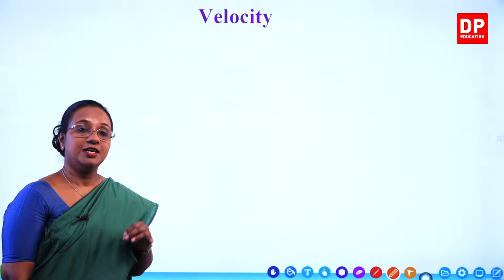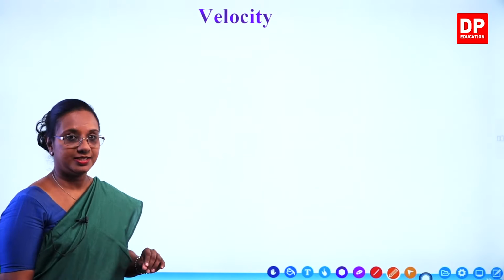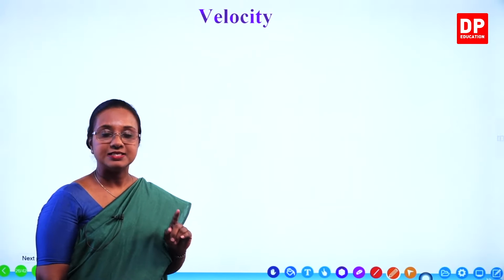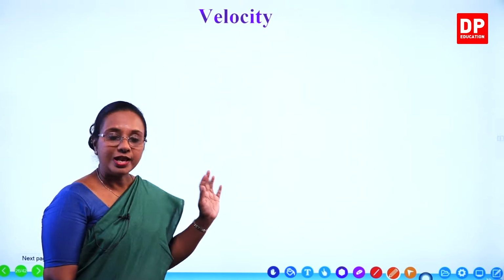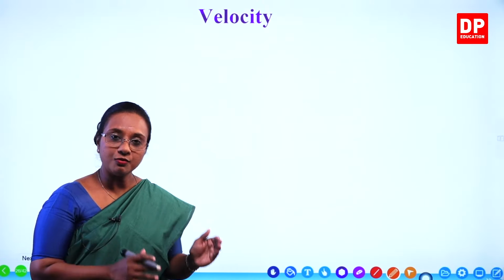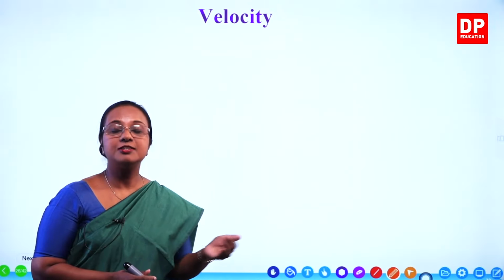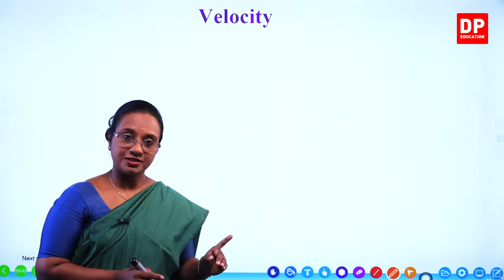So as I said, velocity, we saw that this is also a vector quantity. That means it has a magnitude and a direction. Velocity also deals with the speed or how fast an object travels, but here in a certain direction.